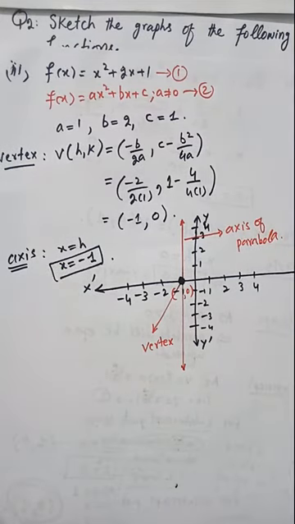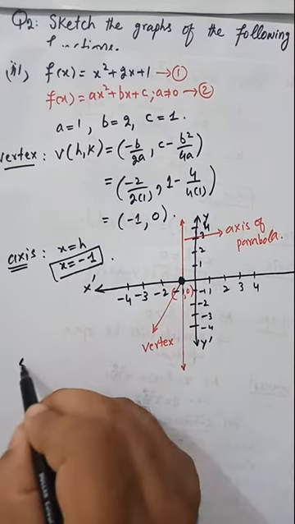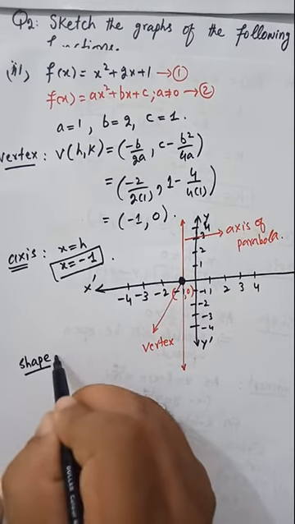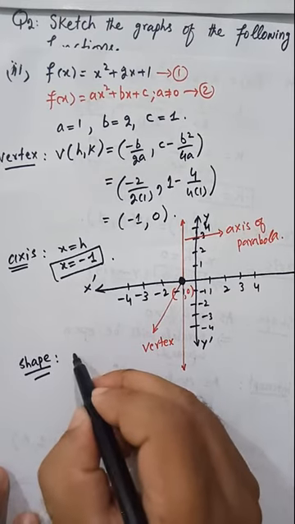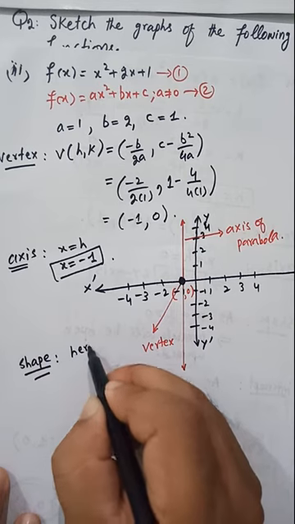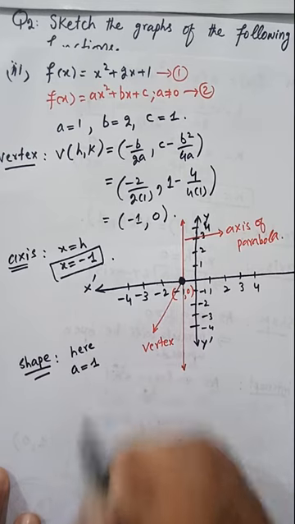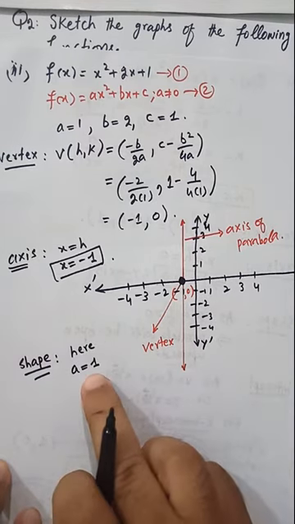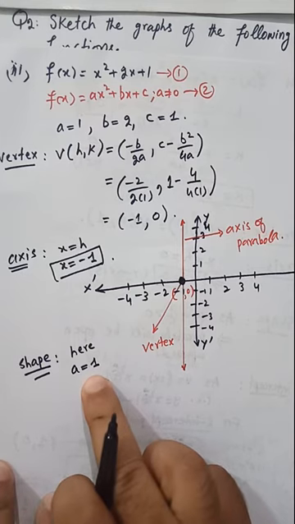Now next, the shape. For the shape, here a is equal to 1. So the branches will be open upward.